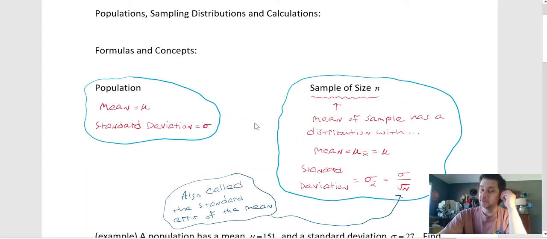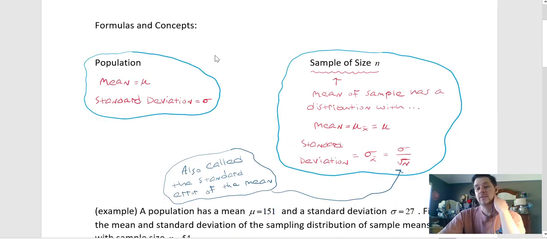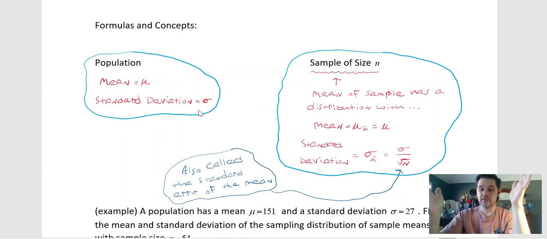All right, I'll do a little bit of explaining of the concepts, but not as much as in the original video I posted on this topic. So the concepts are that we have a population, which has a mean and a standard deviation. What's the mean tell us? It tells us where the numbers are. And the standard deviation tells us how spread out they are.